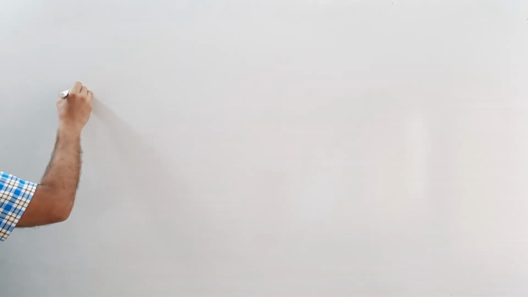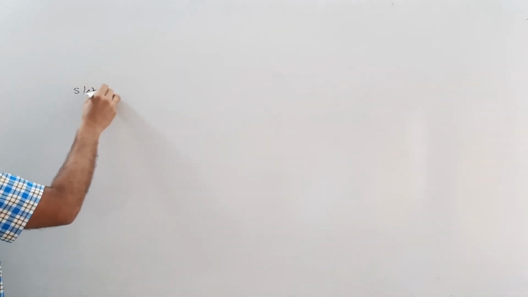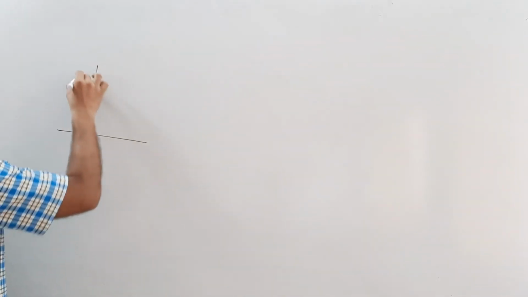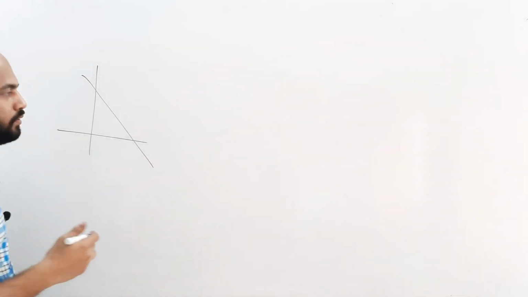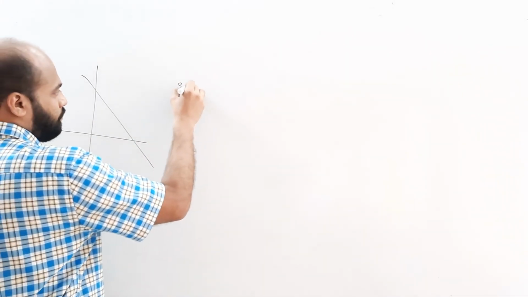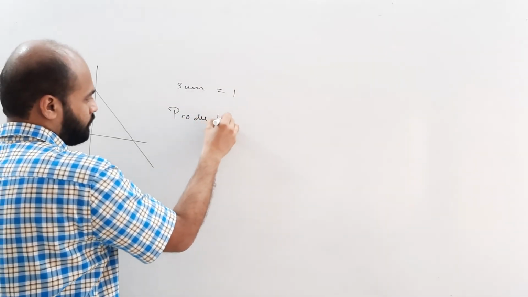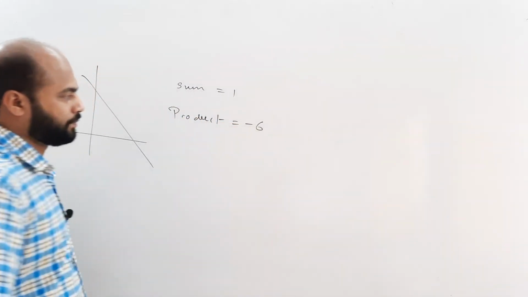Let's take a problem on this particular concept. So now we have a line whose intercepts are given to us. The question says that the two intercepts are such that their sum is 1 and the product of the two intercepts is minus 6.